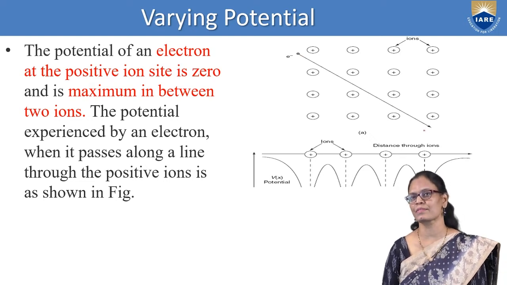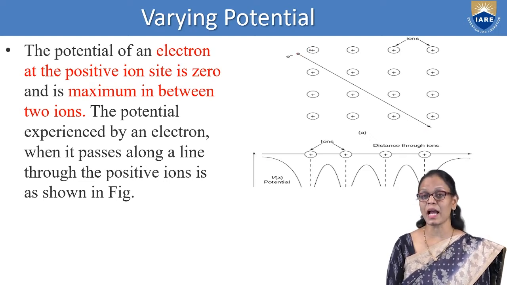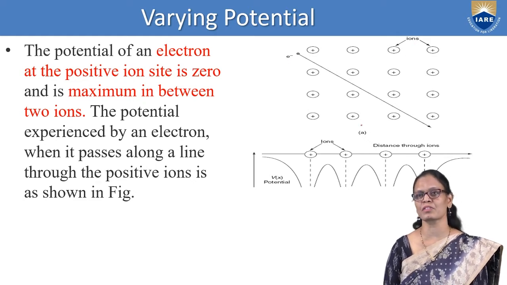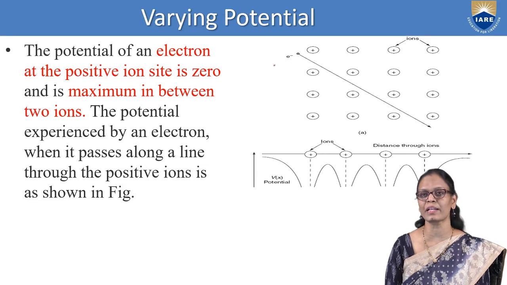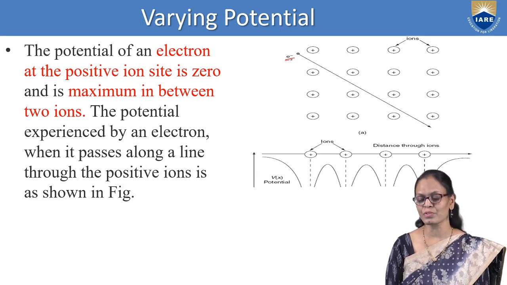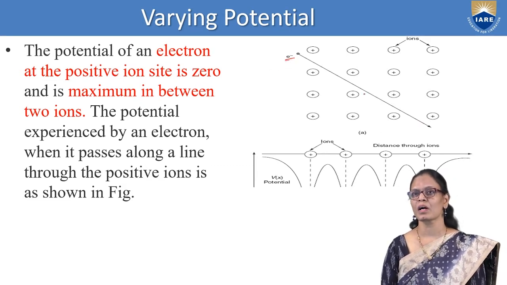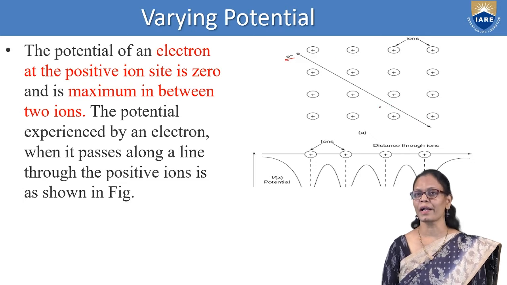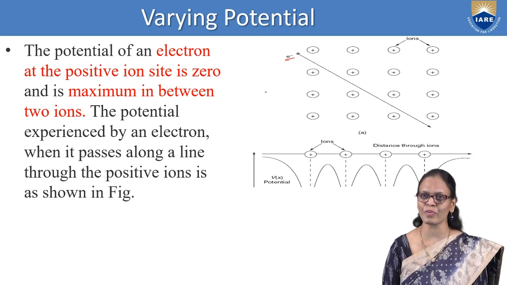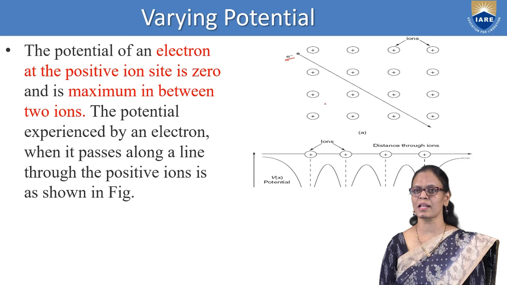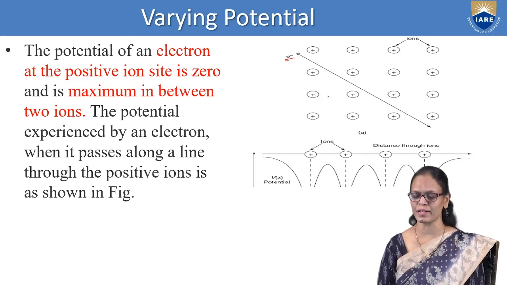These are positive ion sites which are representing the ions, and this is the electron. There are many free electrons. We are talking about one free electron and we are trying to trace its path. How is it moving and how is its potential varying inside the crystal lattice? That is what we are trying to understand.